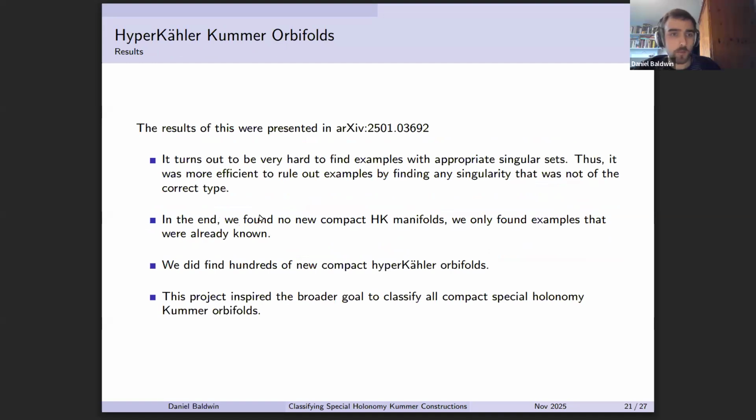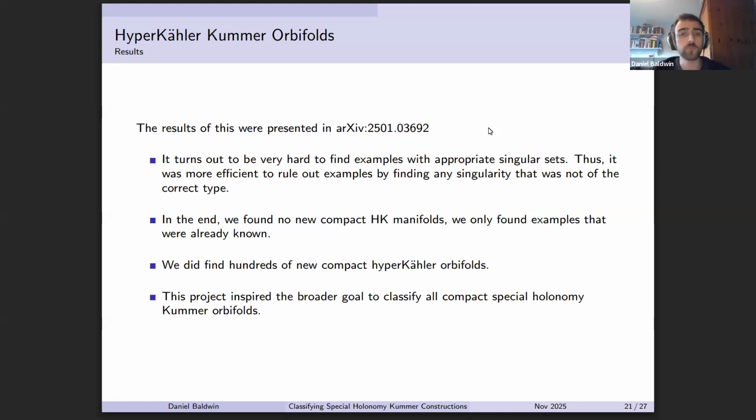So we did all of this and we presented the results in a paper earlier this year on the arXiv. It turns out to be very hard to find examples with appropriate singular sets, precisely because the list of symplectic resolutions is so small. So it was more efficient to rule out examples just by finding any singularity in the singular set which didn't admit a symplectic resolution.